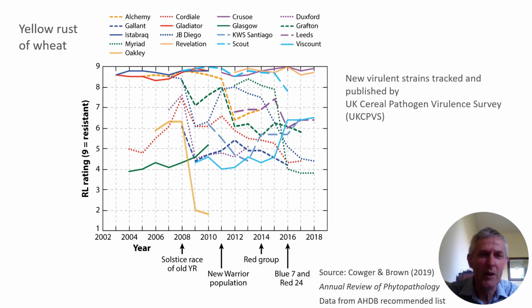So some of the lines along the top are maintaining close to immunity for many years. But in other cases, the resistance is subject to a very sudden fall, sometimes within one season, when a new race comes along that that particular type of resistance gene can't recognize.